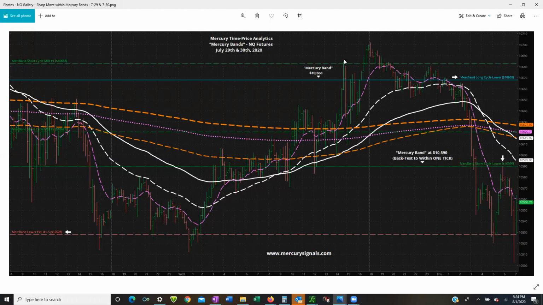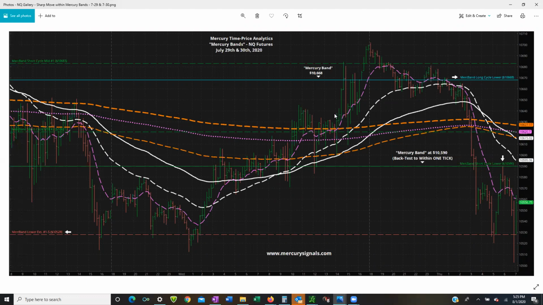Now, there are other times after those levels have been tested enough where it will just go through like that. And the reason that you had this strong move down here is, you had people that were caught. This here is what I call an algo hook.